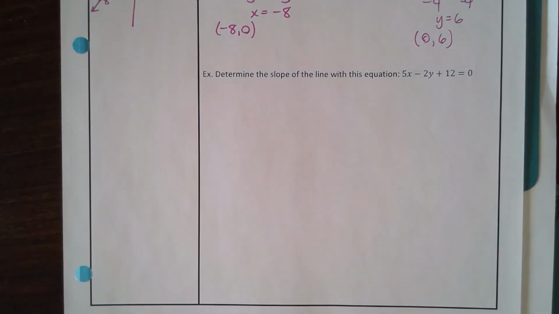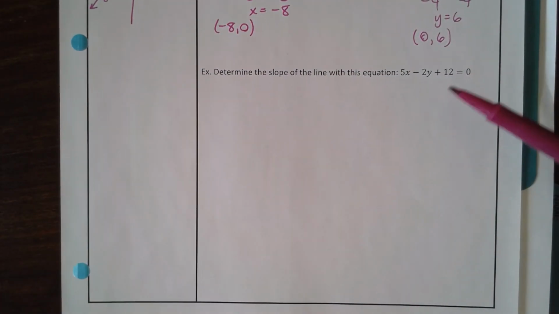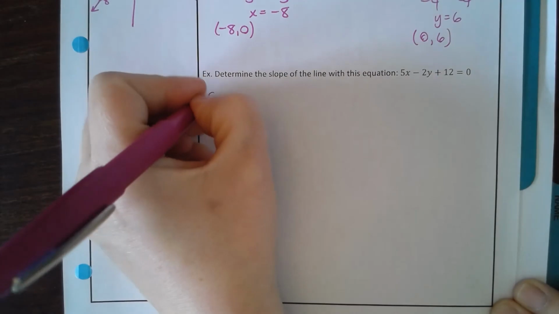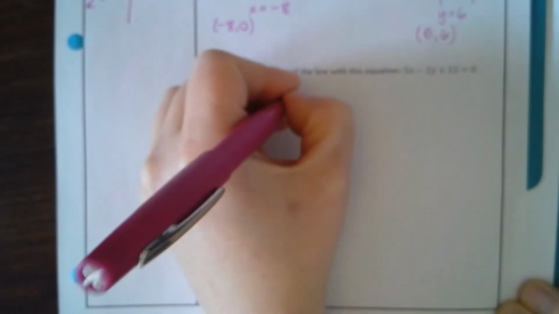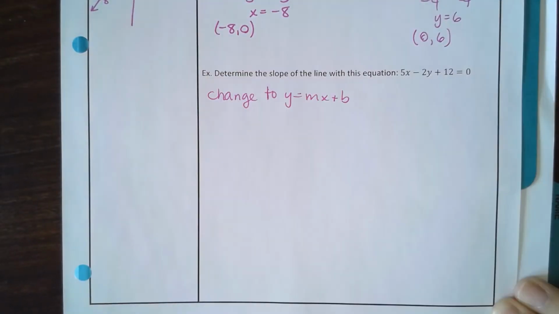Determine the slope of this line in general form. 5x minus 2y plus 12 equals 0 is in general form. General form gives us no information at all. So let's change it to a form that has some information. And again, our easiest form to work with is y equals mx plus b.